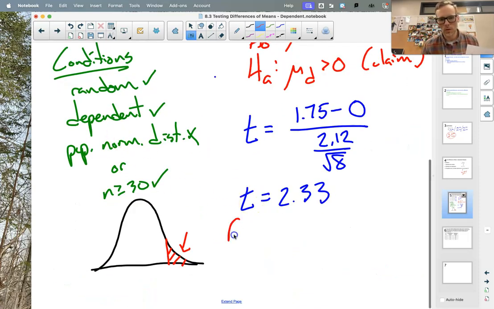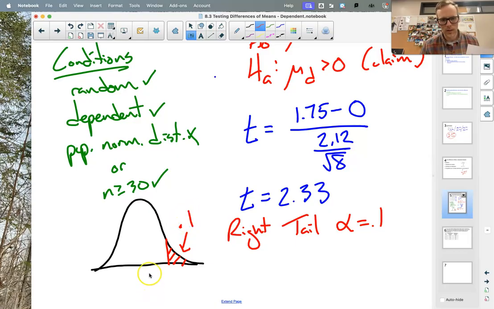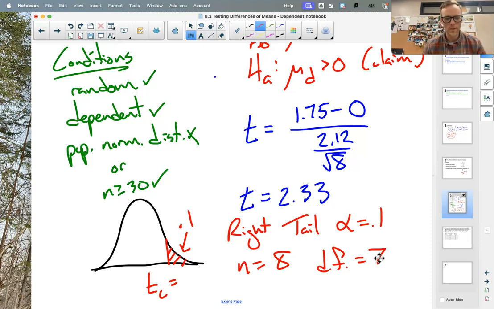So this is a right tail, 10% level of significance. We need a critical t-score, so I've got my t-distribution out. N was equal to 8, so our degrees of freedom is 7. One tail, 10%, 7 degrees of freedom, 1.415.